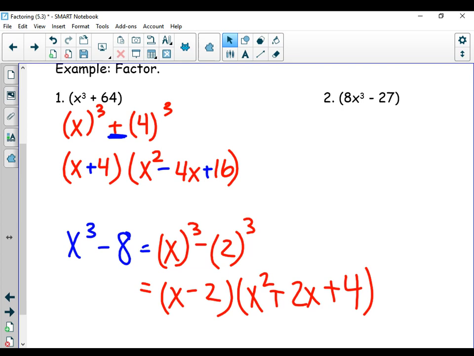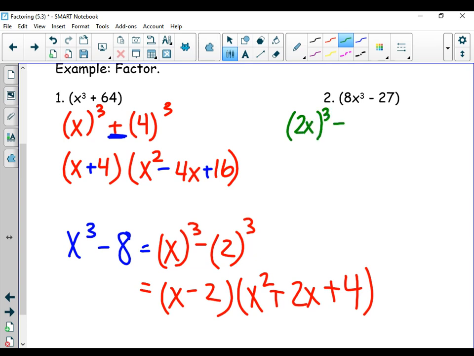Okay, what's the cubed root of 8x cubed? Okay, 2x. And the cubed root of 27? 3. Okay? So when I am doing this particular problem, I have to be super careful.